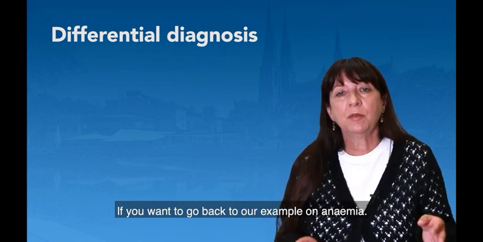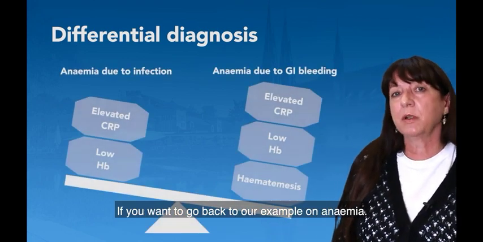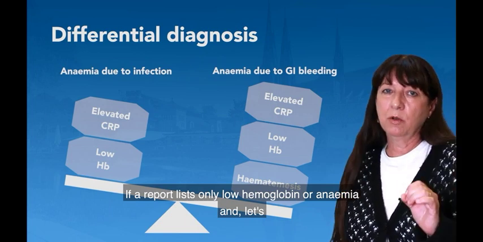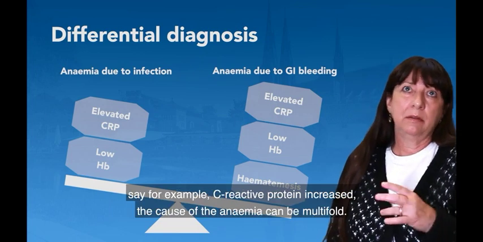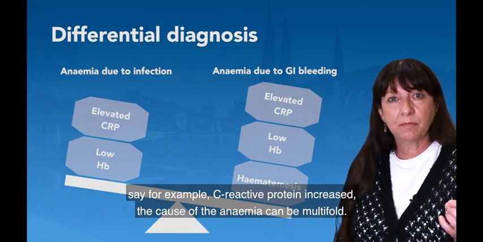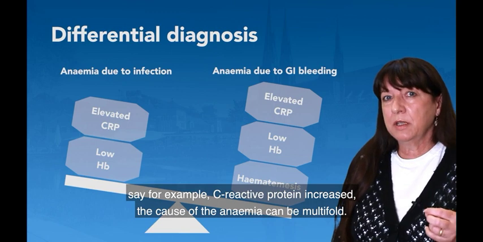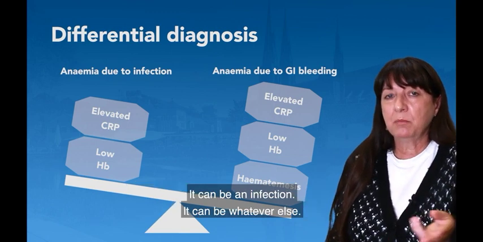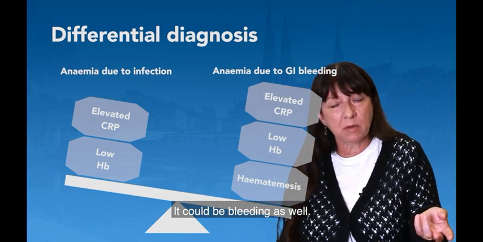specific mechanisms. If you want to go back to our example on anemia, if a report lists only low hemoglobin or anemia, and let's say, for example, C-reactive protein increased, the cause of the anemia can be multifold. It can be an infection, it can be whatever else. It could be bleeding as well.